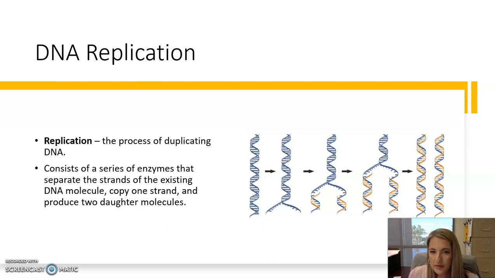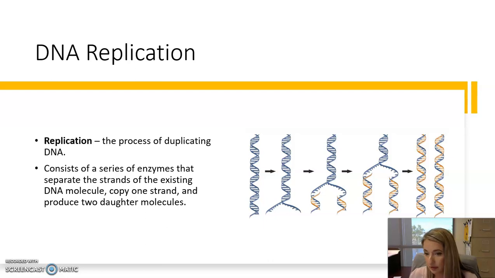So the first process we're going to get into is replication. We'll be focusing on replication and then ultimately transcription and translation. But to start off, replication is the process of duplicating DNA. So you are going to take one DNA chromosome and you're going to make 2 DNA chromosomes.